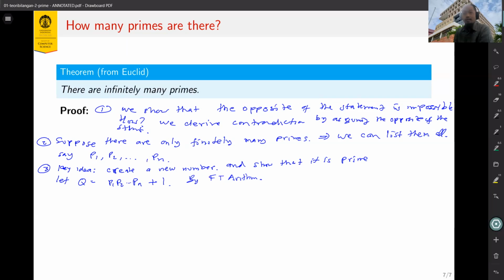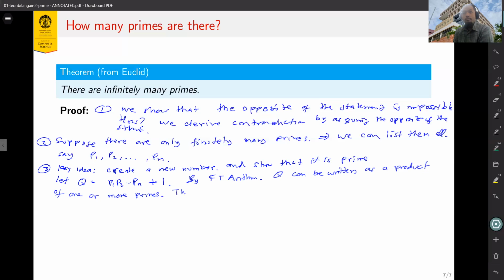So that means Q can be written, clearly Q is a positive integer, right? So Q can be written as a product of one or more primes, right? So that means what?